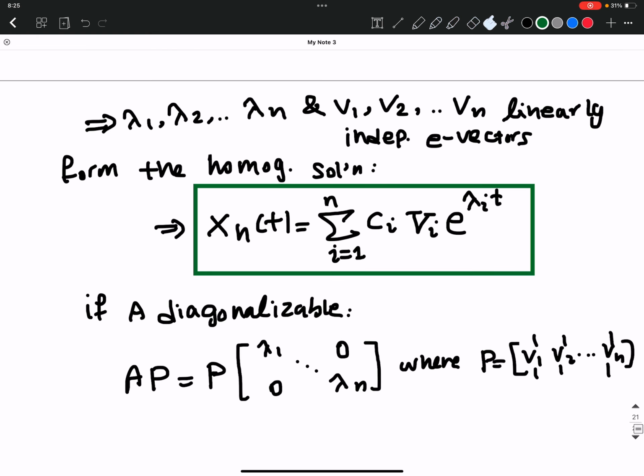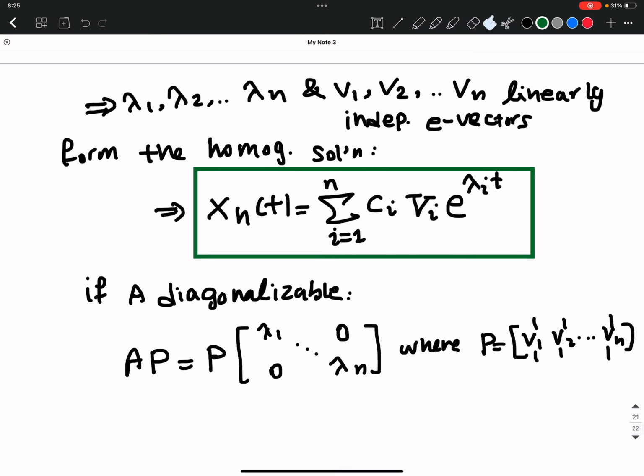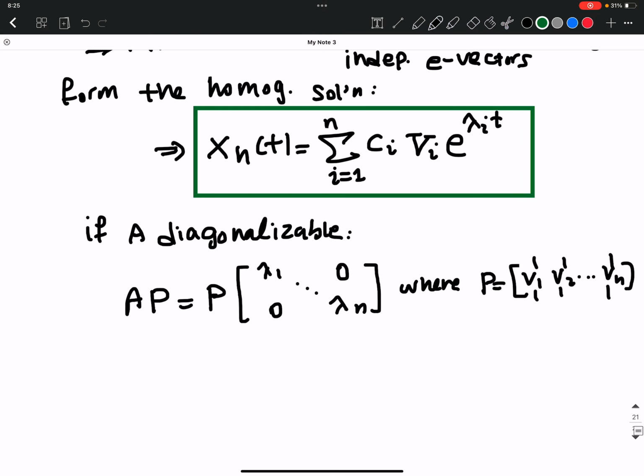I can now show it for all of them in matrix form, and I call this D. So AP equals PD.